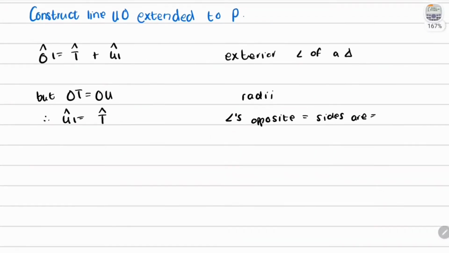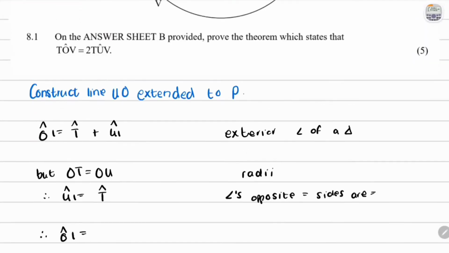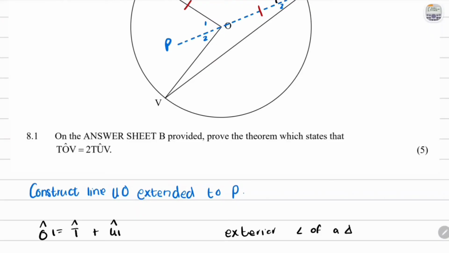Okay, so we have that. Since these two are equal, we can rewrite this formula. The formula for O1 was equal to angle T plus U1. But remember, they want you to prove that TOV is equal to 2 times the size of TUV.